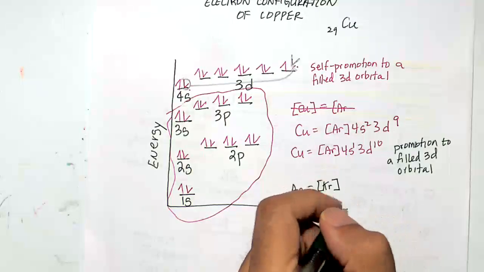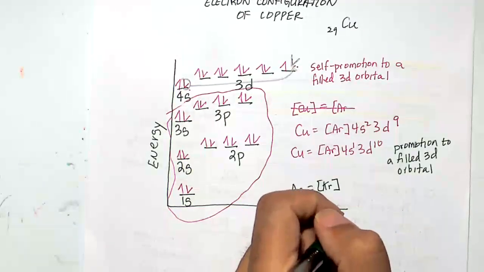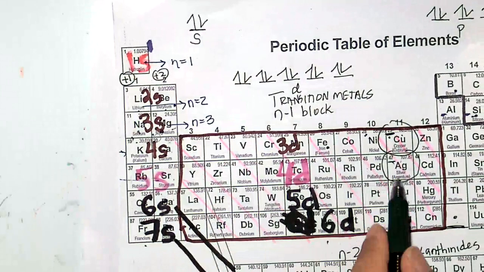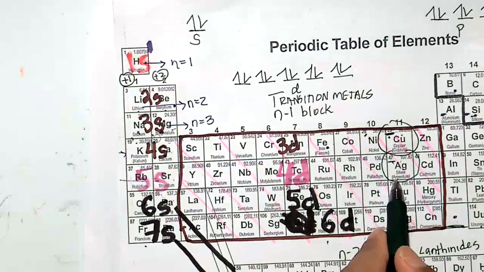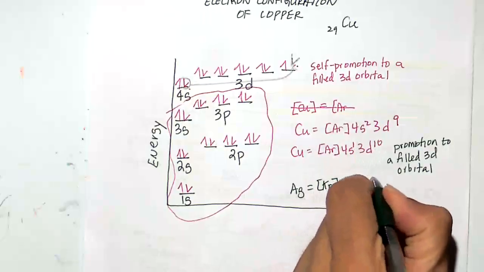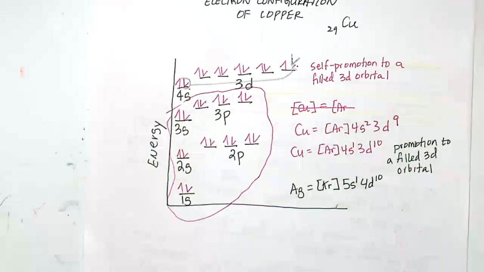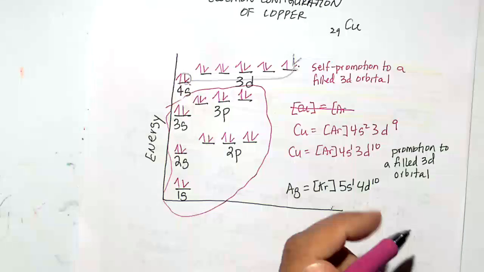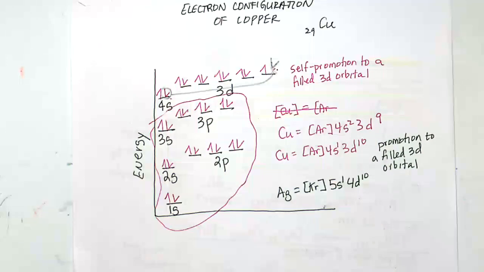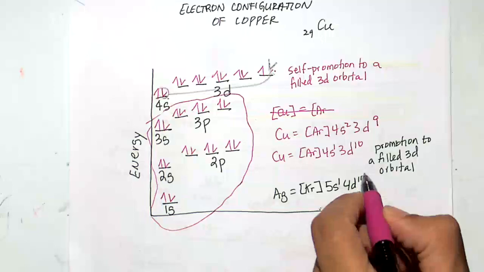And then what would its electron configuration be? 5s1, 4d10. That's very good. So this is a promotion to a filled 4d orbital because this is much more stable. This is much more energetically favorable.